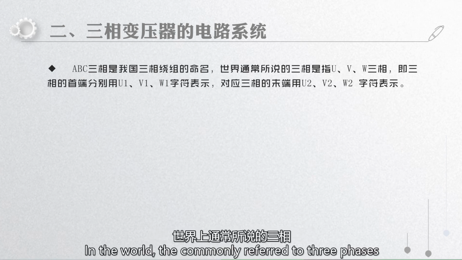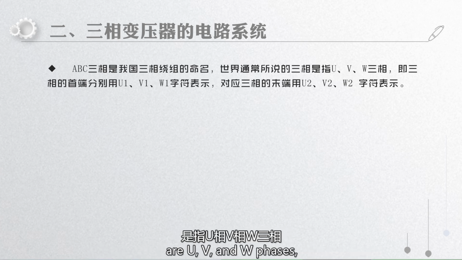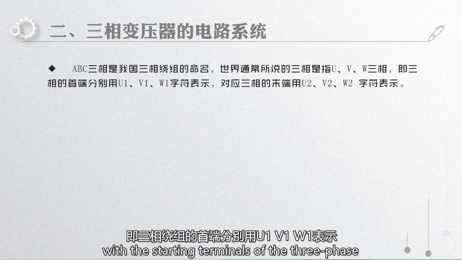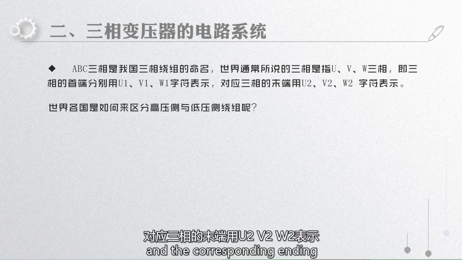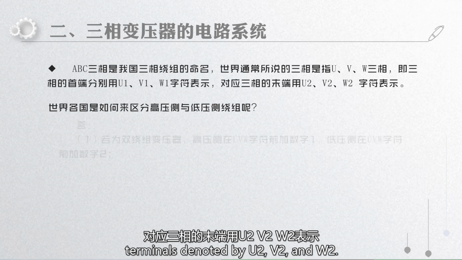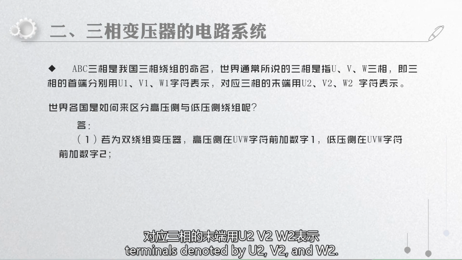In the world, the commonly referred to three phases are U, V, and W phases, with the starting terminals of the three-phase windings denoted by U1, V1, and W1, and the corresponding ending terminals denoted by U2, V2, and W2.